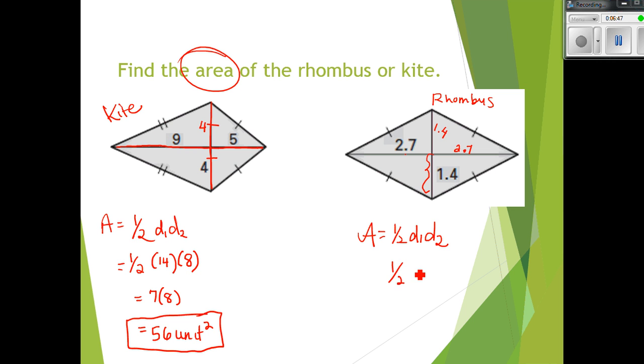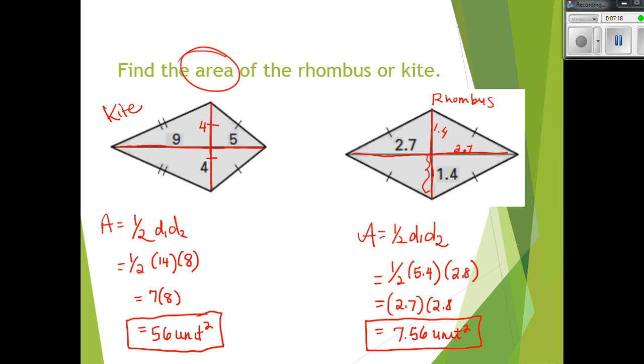We're going to do half of the first diagonal. The first diagonal will just go as 2.7 plus 2.7, which is 5.4. Diagonal 2 is 1.4 plus 1.4, which is 2.8. Half of 5.4 is 2.7, and 2.7 times 2.8 would be 7.56 units squared. Okay, so that's an example of a rhombus and a kite.